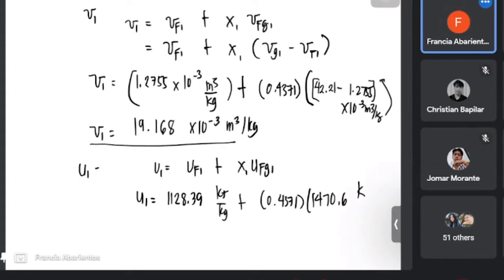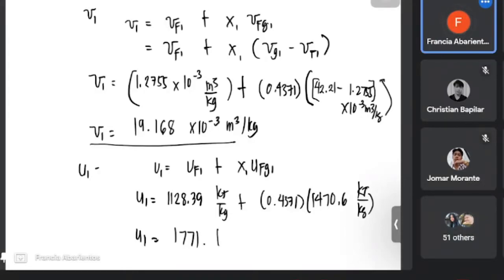140.6. Find the internal energy at point 1. Sige nga. 1128 and times 1,470.6. Ano na class? What is your answer? Wala pa?